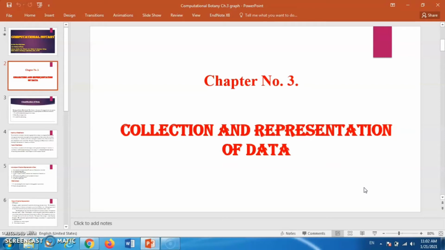And this is possible when we apply certain statistical analysis or statistical tools to our data, and only after that can we draw some fruitful conclusion, and on that conclusion our future strategies depend.